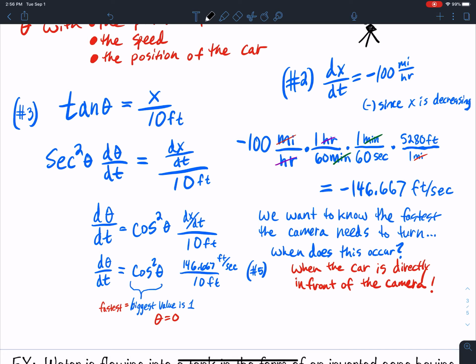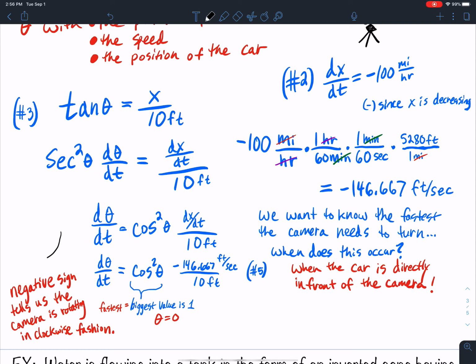Okay, so I'm going to take 146.667 feet, and it's negative. Remember, the negative sign tells us that the camera is rotating in a counterclockwise fashion. Okay, so counterclockwise, remember clockwise is like this, right? And counterclockwise would be the opposite direction, right?